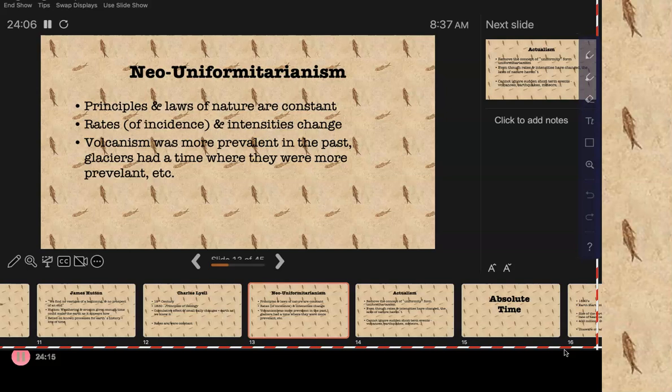I'm going to look, when I get to my office hours today, for another geologic time PowerPoint. If I don't find one, I'm going to rewrite this one. Because I have no idea why I would talk to you about neo-uniformitarianism without talking to you about uniformitarianism. Now, of course, we did talk about uniformitarianism, but we didn't use that word yet.